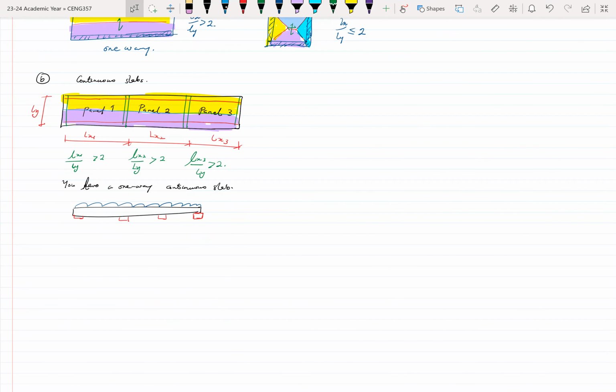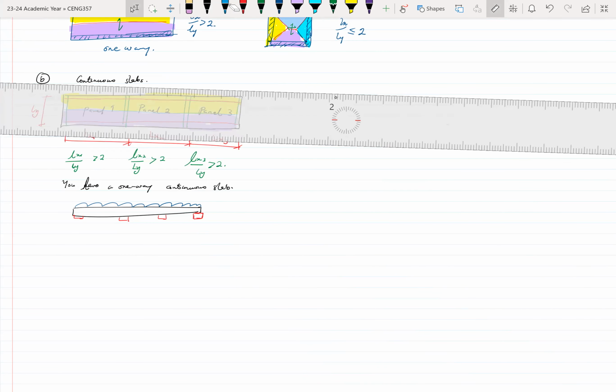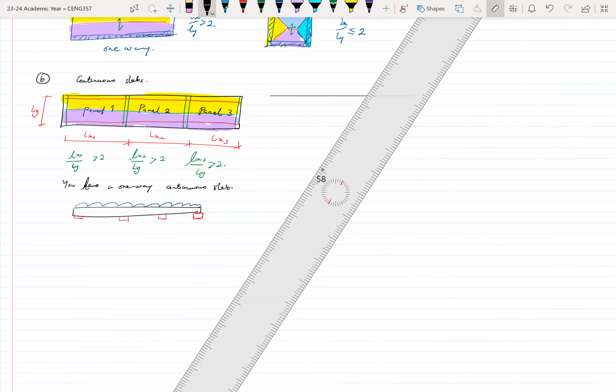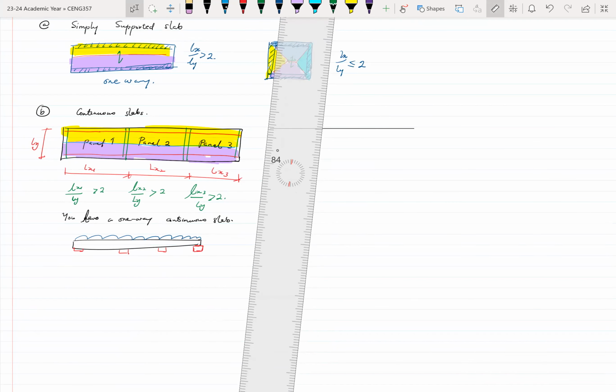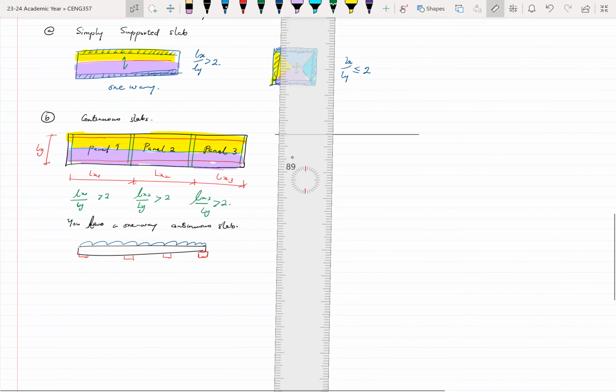And that's when we have the panels and beams system, right? Let's say you have, maybe let me just use a ruler. So let's say we have a system in place.